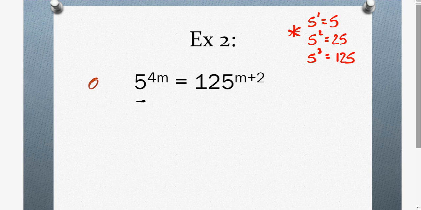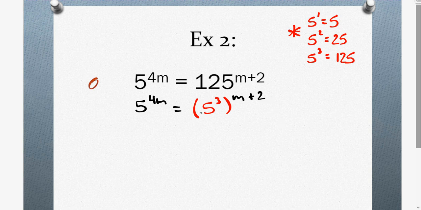Aha. So let's leave the first one alone. 5 to the 4m hasn't changed, equals, that hasn't changed. But all of a sudden, let's make this 5 to the third, because 5 to the third is 125. They are interchangeable. And then the exponent is still m plus 2.